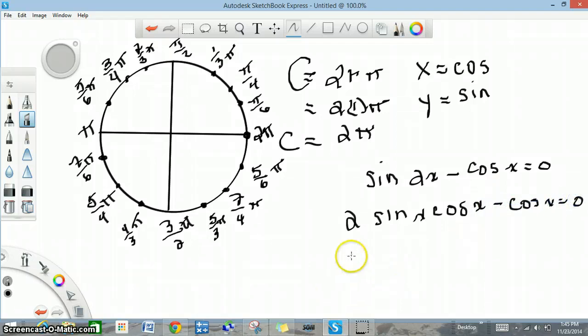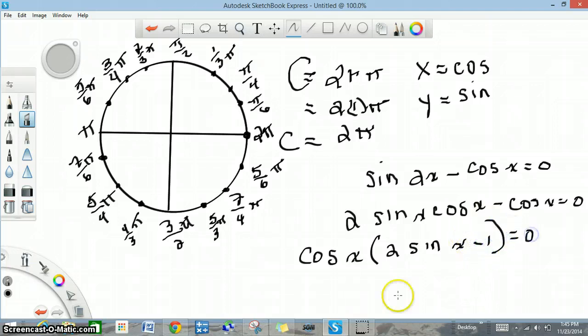And it still equals 0. Now, when we get it to this point, what becomes clear is that we can factor this thing. And so we are now going to have the cosine of x on the outside, and on the inside, we're going to have 2 sine x minus 1, and the whole thing is going to be equal to 0.